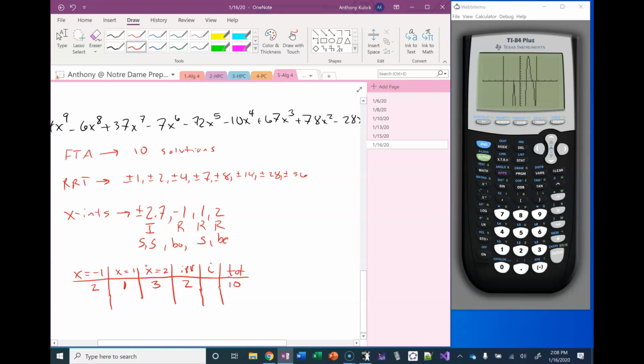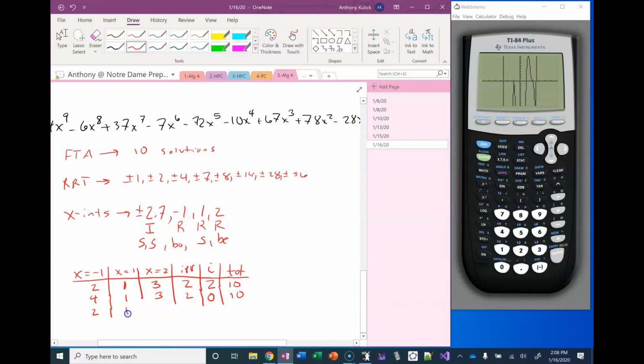So 2 plus 1 plus 3 plus 2 is 8. So I'm short 2 of them. They have to be imaginary. Okay, what's the next other? So bounce could be used also 4 times. So I'm going to keep everything else the same. So 4 plus 1 plus 3 plus 2 is 10. So I can't have any imaginaries.